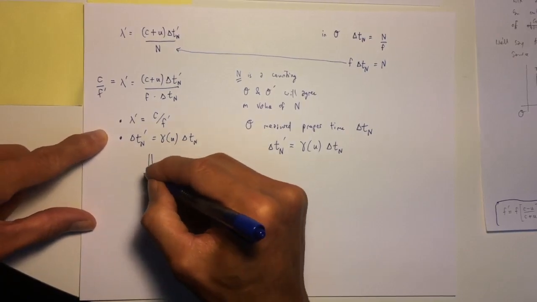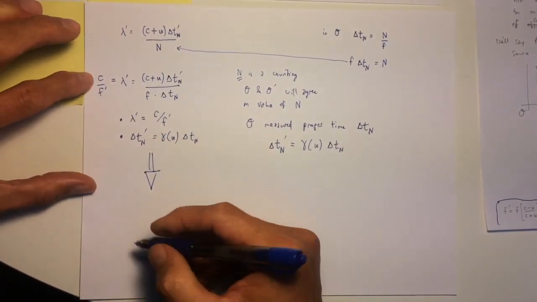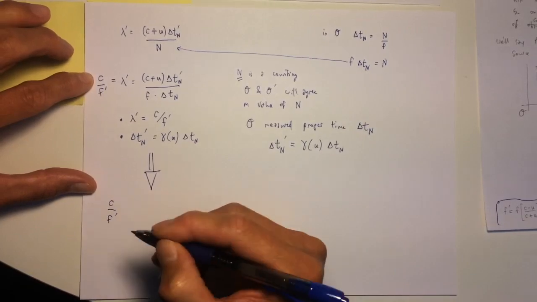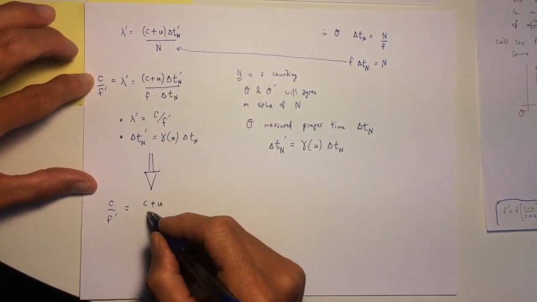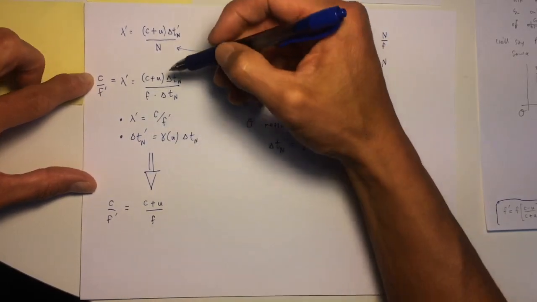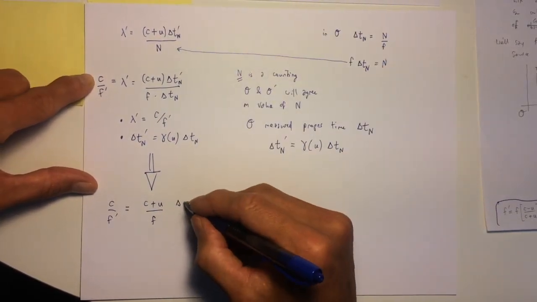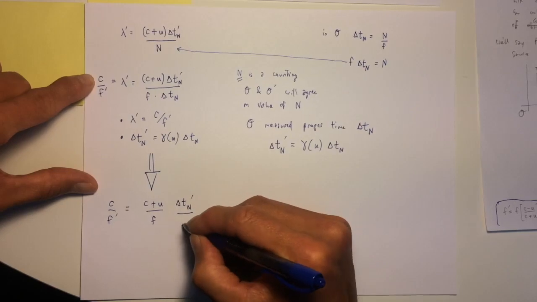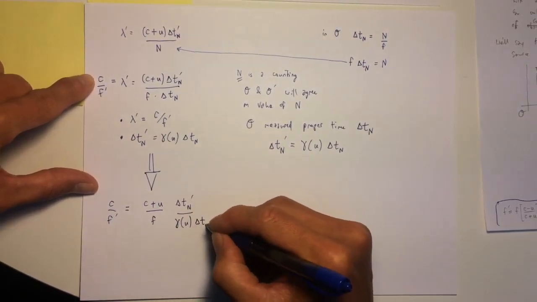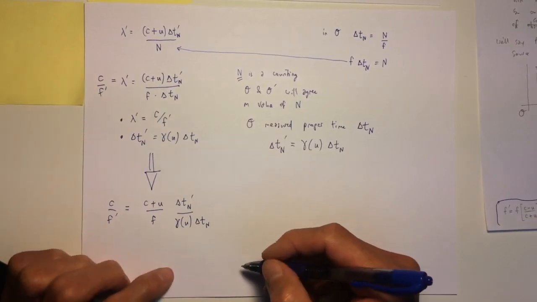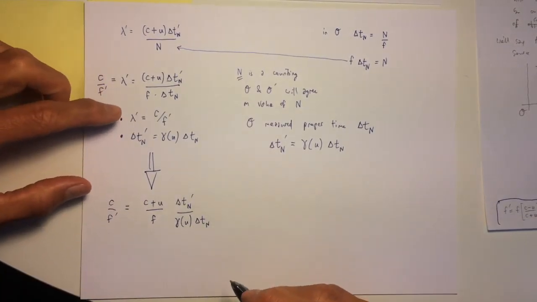So what these two things do is they give us that c over f prime is equal to c plus u divided by f, right? And then delta t sub n prime divided by gamma of u delta t sub n. Oh, no, excuse me.